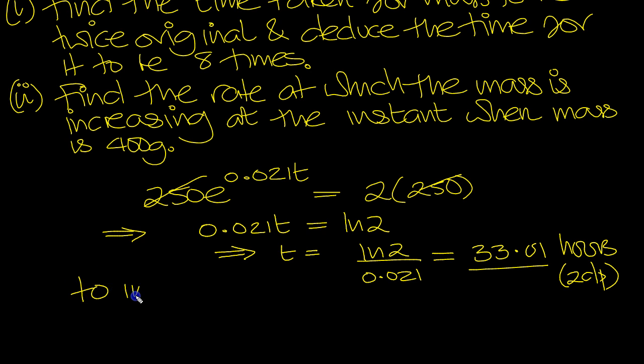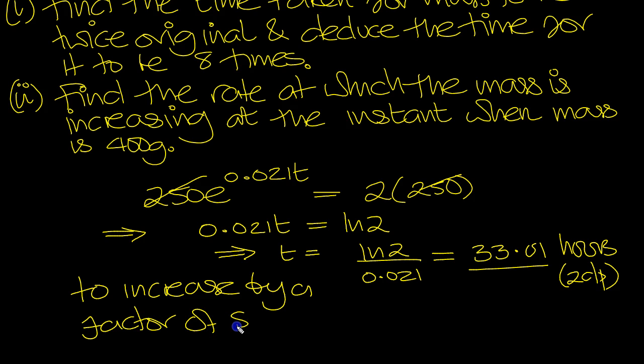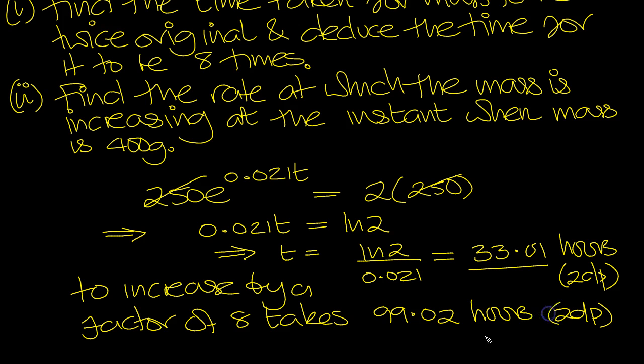So to increase by a factor of 8 takes 99.02 hours, to 2 decimal places.